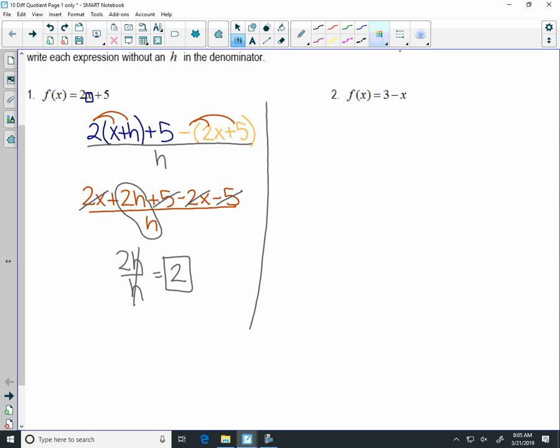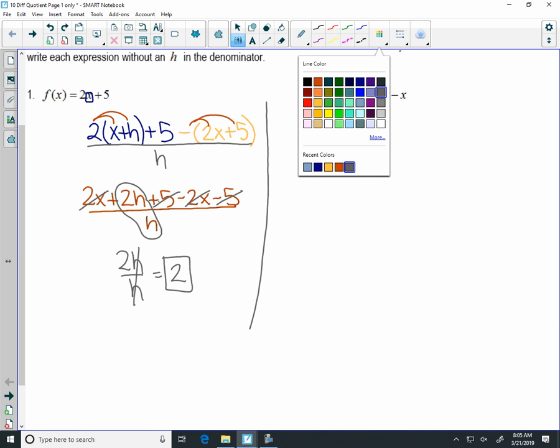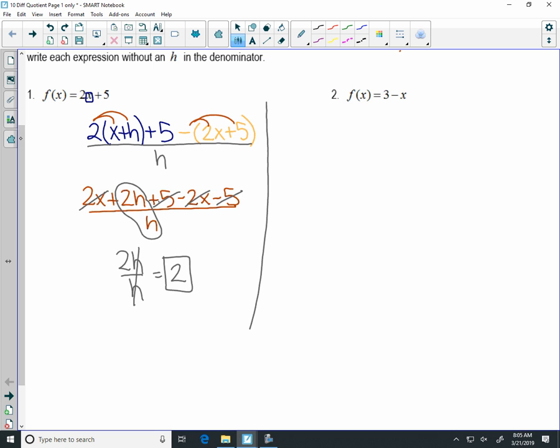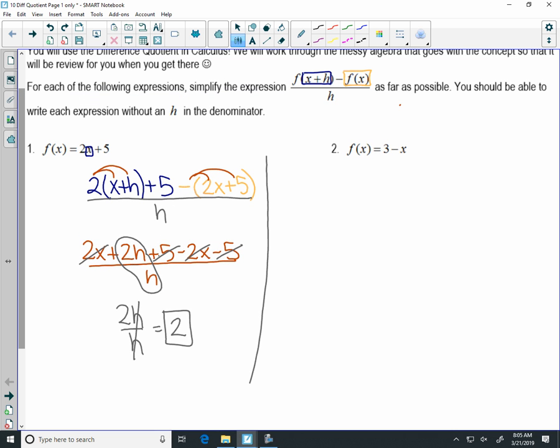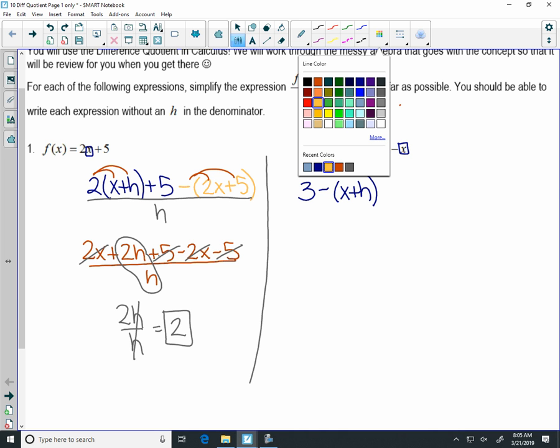All right, we're going to do the next example. I'm going to use the same colors here, actually. So my f of x here is 3 minus x. So when I do my f of x plus h, instead of x, I'm going to have x plus h. So I'm going to do 3 minus x plus h. And then in my equation, I have a minus in the middle there.